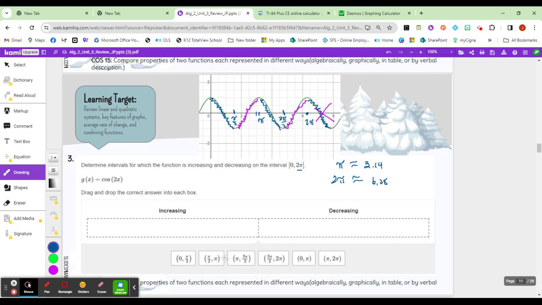So we're decreasing from 0 to pi over 2, and we're decreasing from pi to 3 pi over 2. The graph is increasing from pi over 2 to pi. And the graph is increasing from 3 pi over 2 to 2 pi.